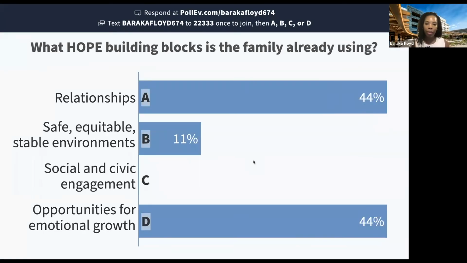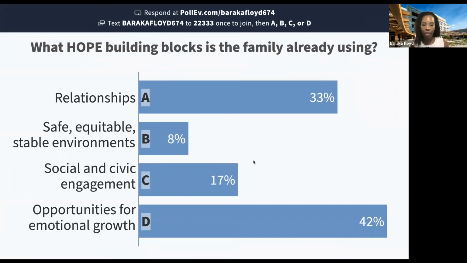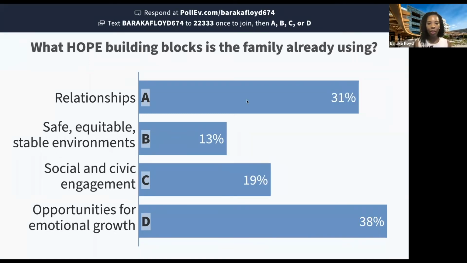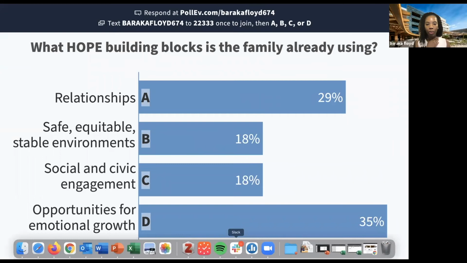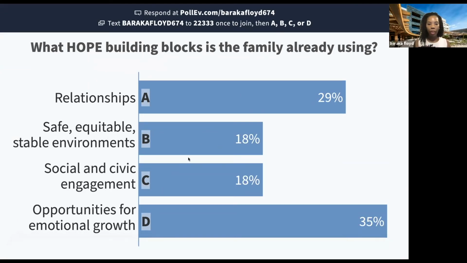I'm seeing relationships and opportunities for emotional growth, a little bit of safe and equitable environment, some social and civic engagement. It looks like relationships and opportunities for emotional growth are in the lead, and safe and equitable environments and social and civic engagement are tied for last.